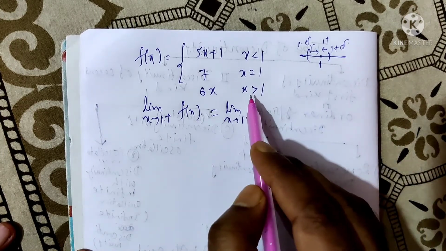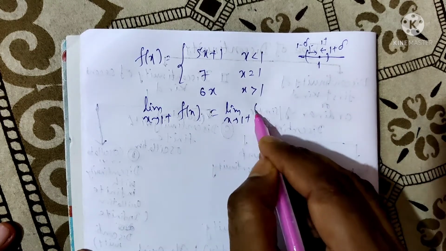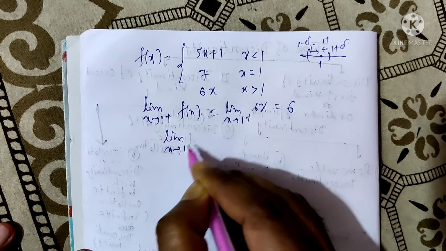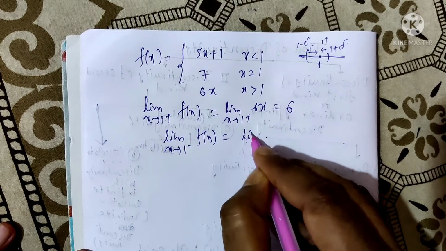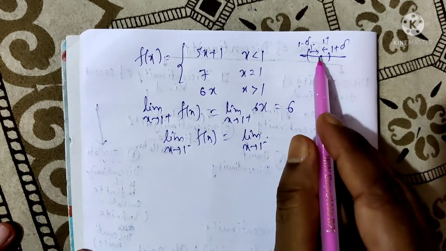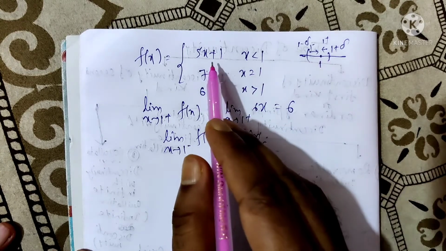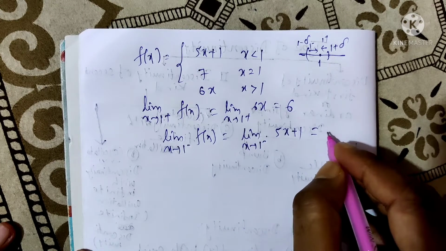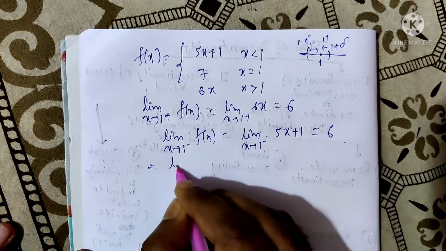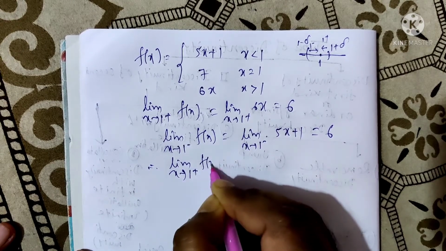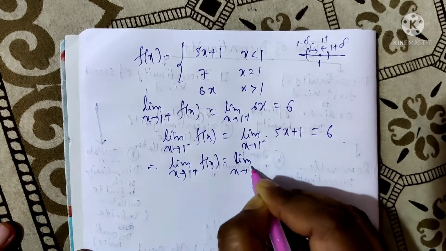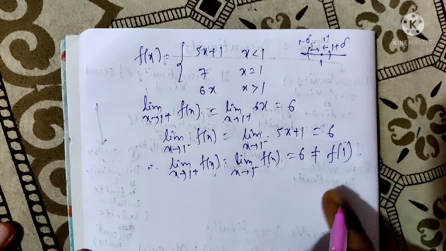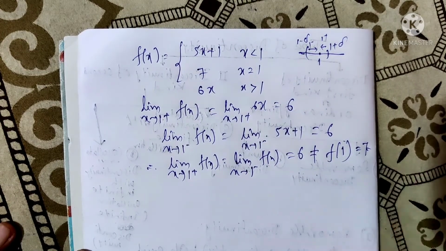If x is greater than 1, that side, f(x) is 6x, so that equals 6. The limit as x tends to 1 minus of f(x): here x is less than 1, so it is 5x plus 1, which equals 6. Therefore, the limit as x tends to 1 plus equals the limit as x tends to 1 minus, which equals 6, not equal to the value at the point 1, because f(1) equals 7.